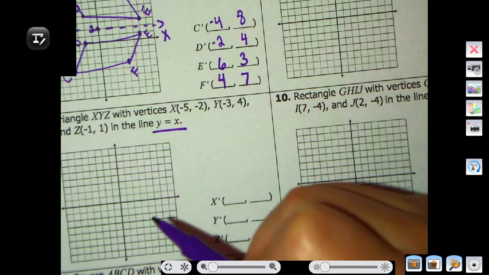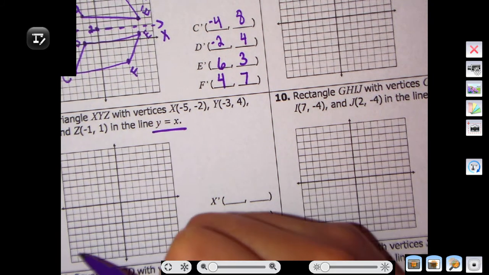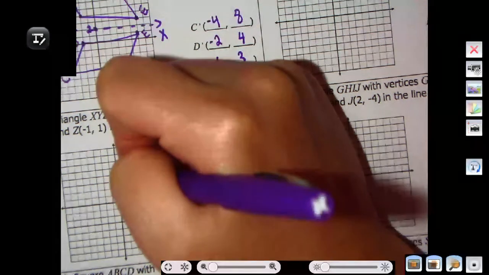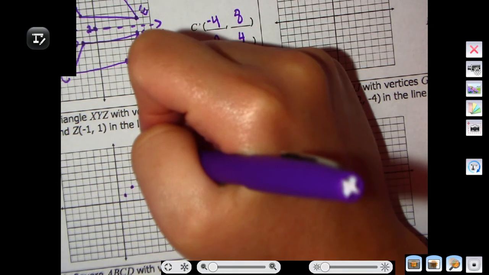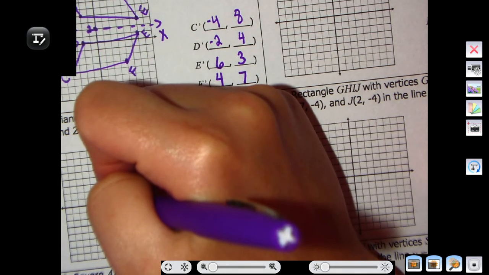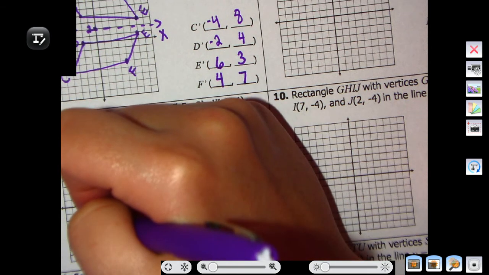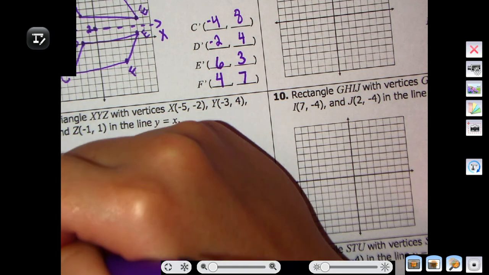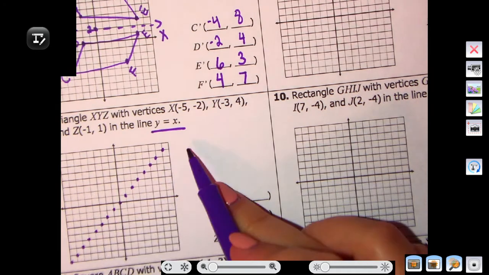So you're going to draw it like this. The y equals x line runs through the origin, and it is on each grid point like that.